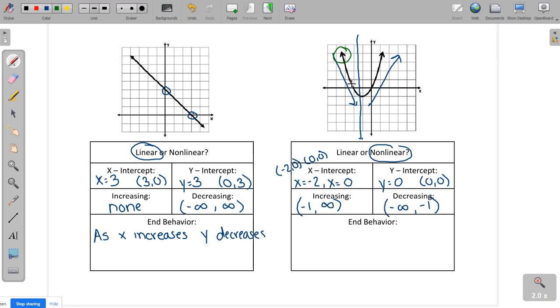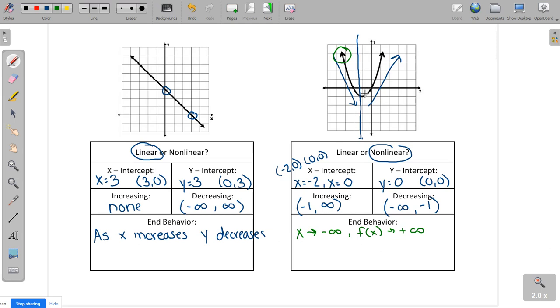So as x goes towards negative infinity, what is happening? As x goes towards negative infinity, the graph is going towards positive infinity. So the graph itself is going towards positive infinity.